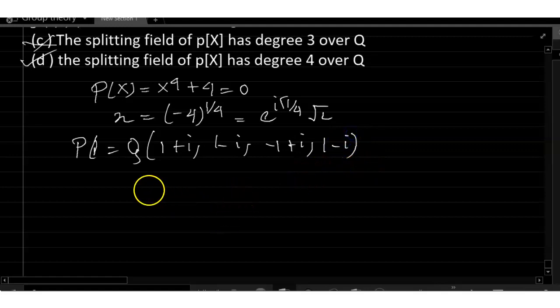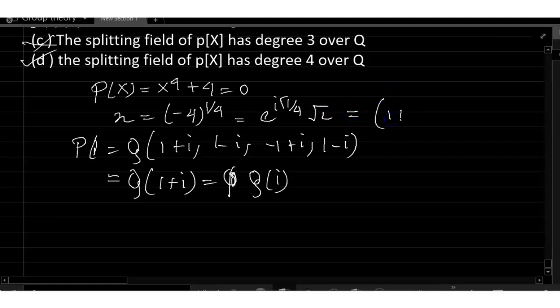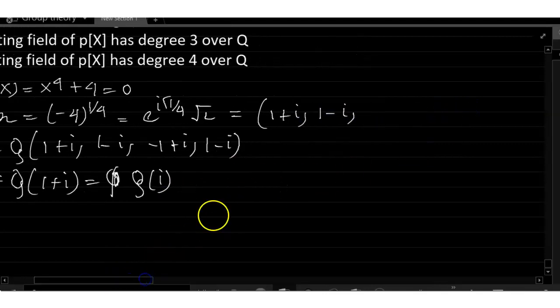So it can be written this way: Q(1 plus i) equals Q(i), because here you can get 1 plus i, 1 minus i, minus i, 1 minus i.